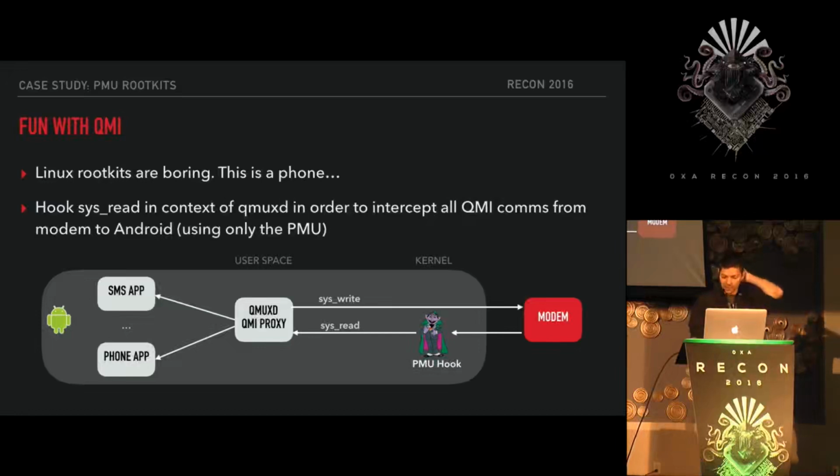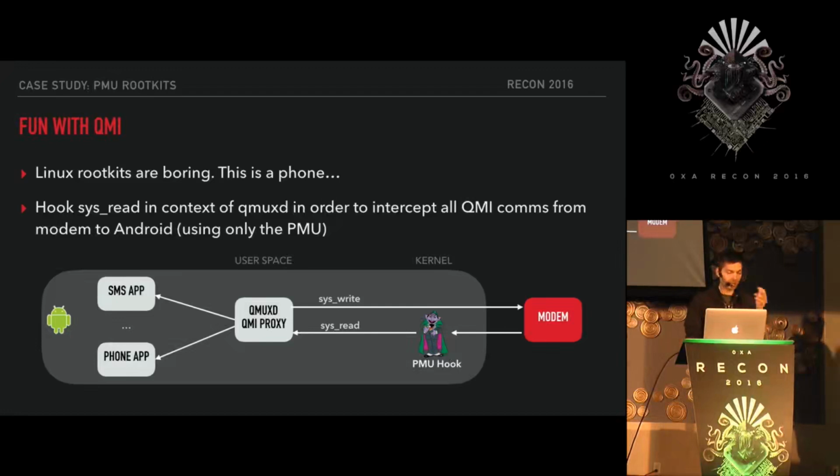So to make it more interesting, I decided to try to hook read, but in the context of QMuxD. QMuxD is a user space daemon in Android, much of the same code handled by Com Center in iOS, but it's basically responsible for routing QMI packets to and from the modem and to their respective clients in the high-level OS.